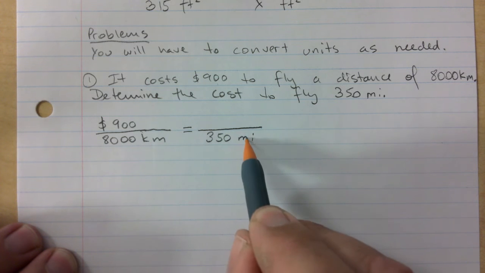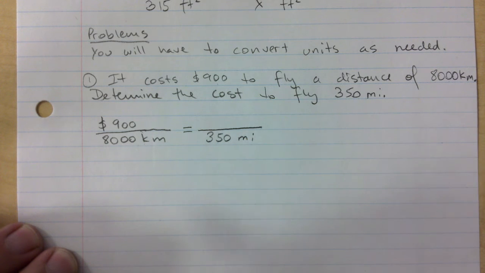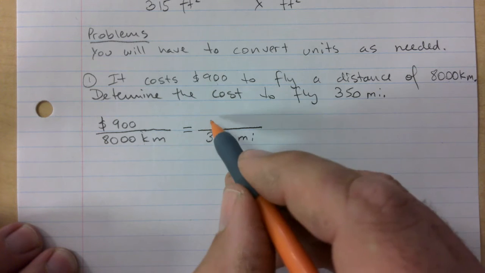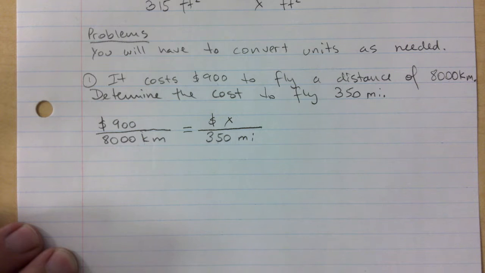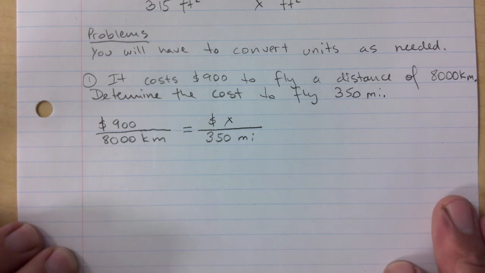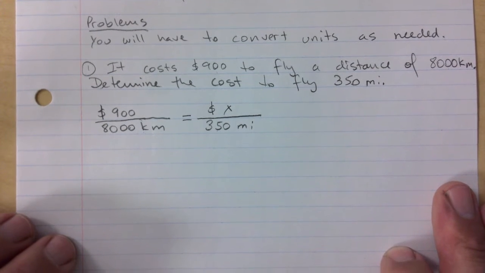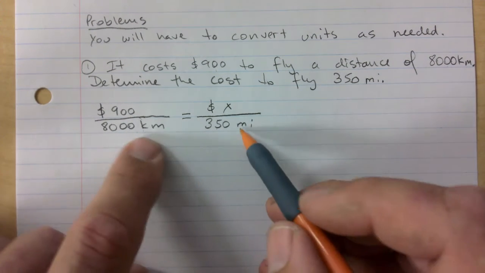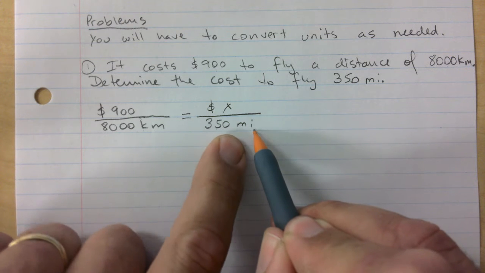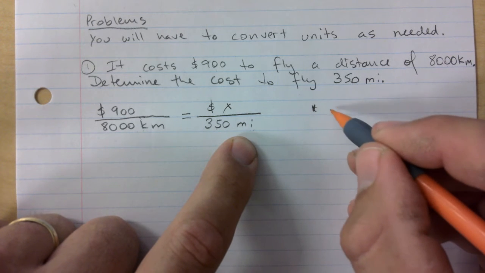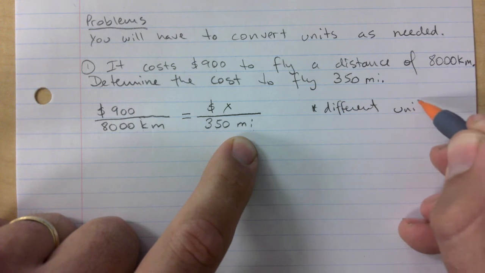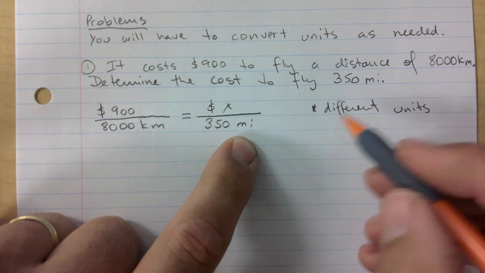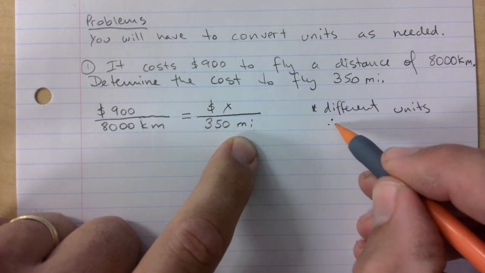So now we make sure we have the distances in the denominator, and we're wondering how many dollars that would cost. Obviously, we have a problem, right? Kilometers and miles. So I will just make a note here. Different units, therefore, convert.